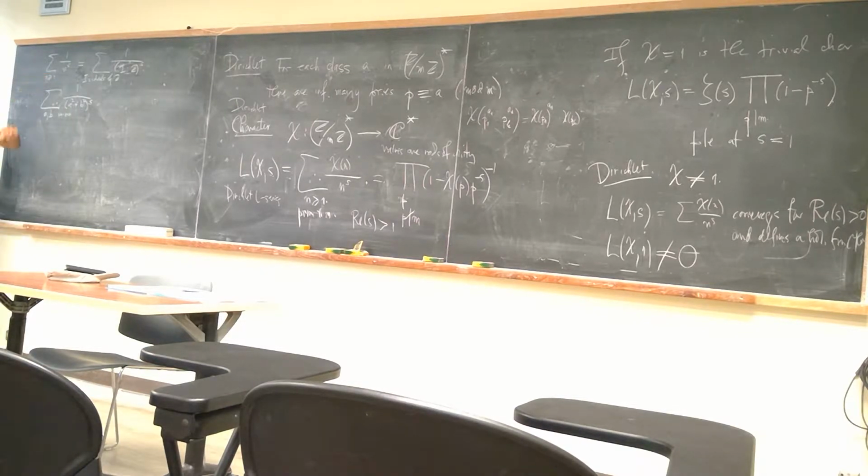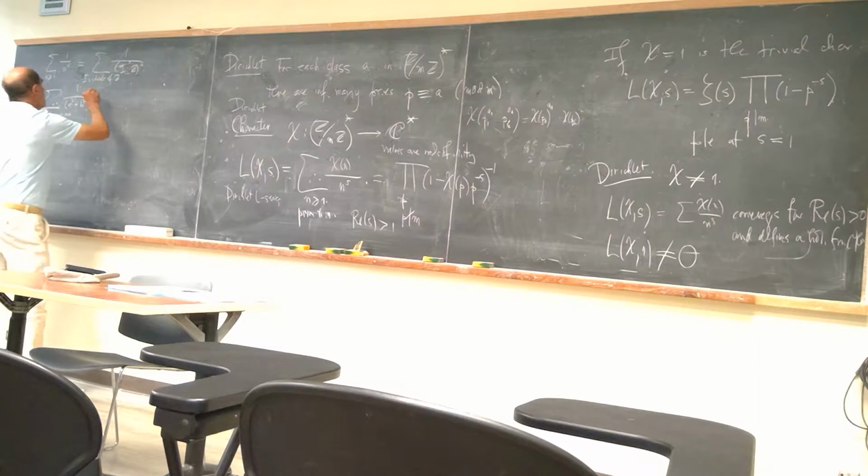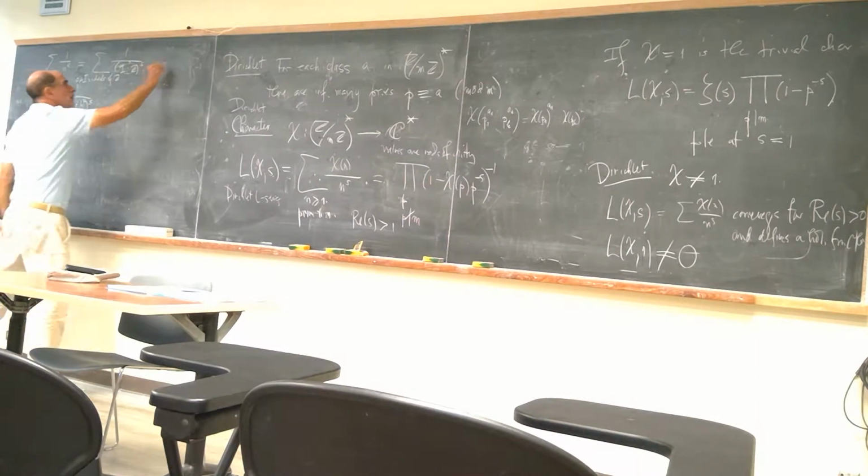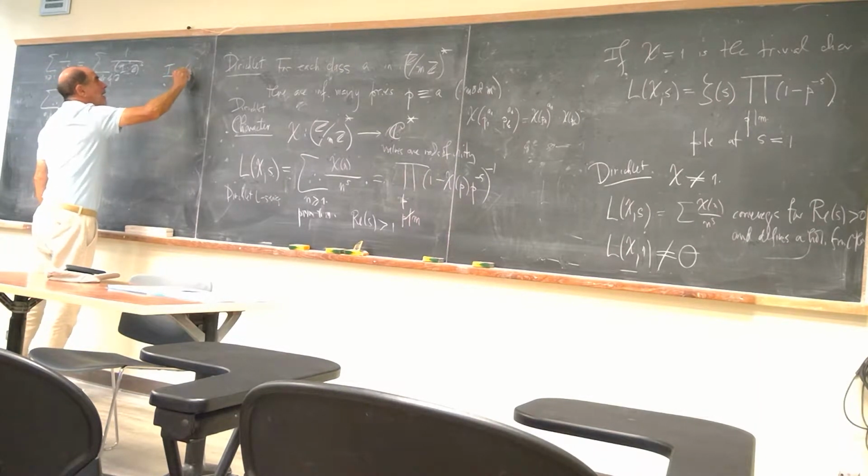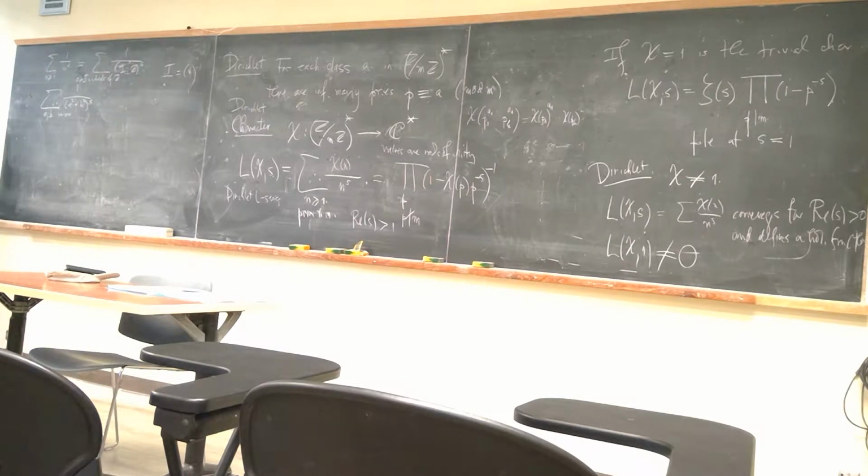Because every non-zero ideal in the integers is generated by an integer. It's a principal ideal, and so the index is n.